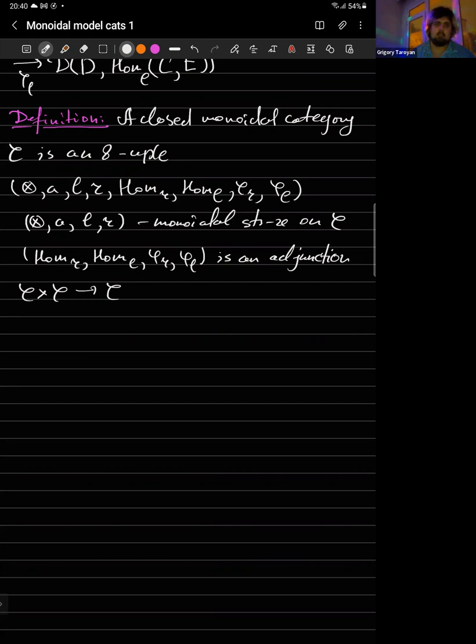But basically, that is precisely what this definition requires.